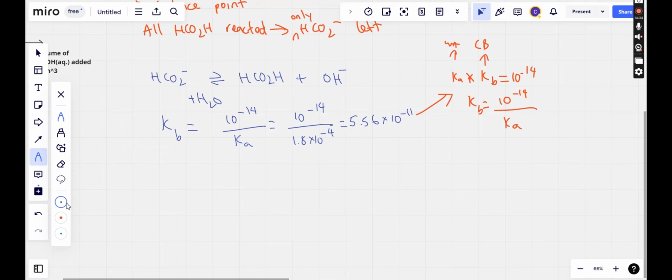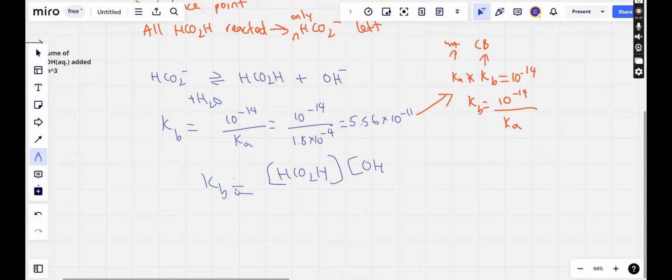Okay, so Kb then is equal to HCO2H times OH minus over HCO2 minus.